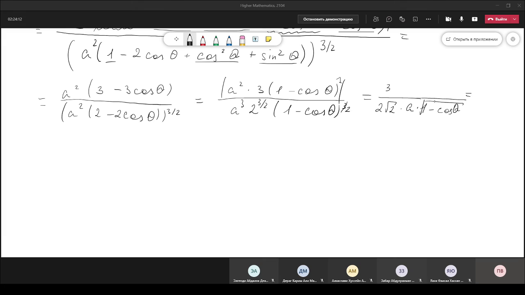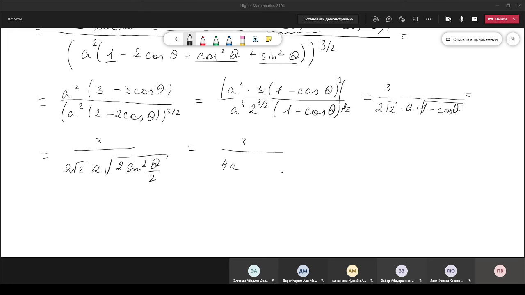One minus cosine of theta is 2 sine squared of theta over 2. And we have 2 root of 2a square root 2 sine squared theta over 2. It is secondary school formula. Root of 2 and root of 2 is just 2, and we have 3 over 4a.